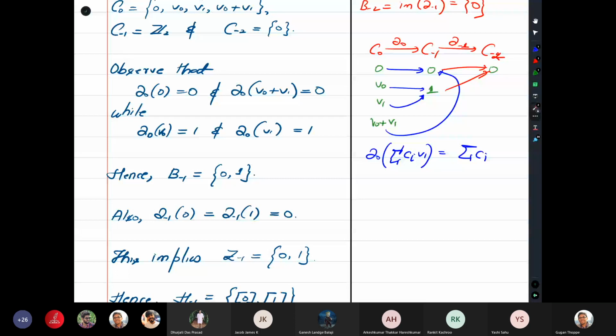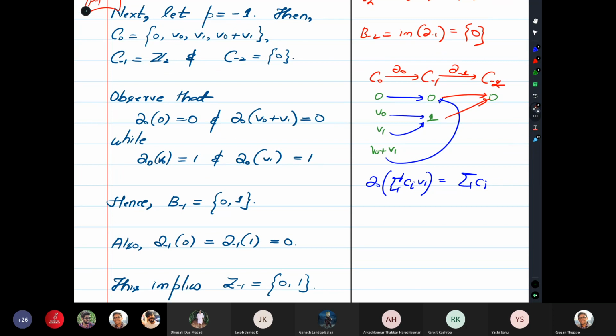If you have any questions on how we arrived at these formulas, please let me know. All right, I don't see any raised hands, so maybe we can advance.